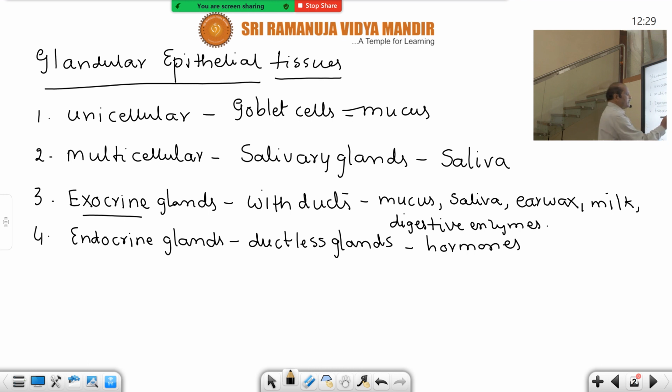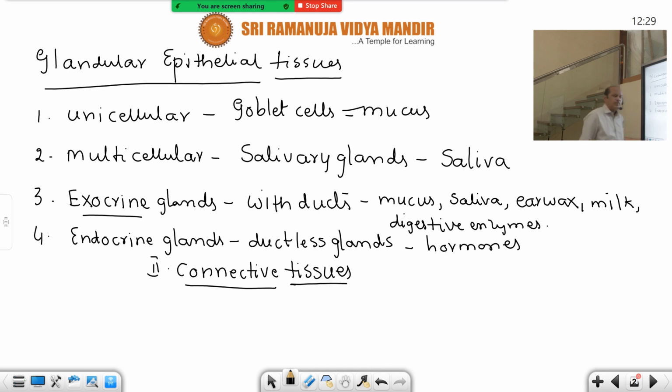Now the connective tissues, the second type of basic tissues. Epithelial tissues are derivatives of all the three germ layers, ectoderm, endoderm and mesoderm. But connective tissues are exclusively derived from mesoderm only.